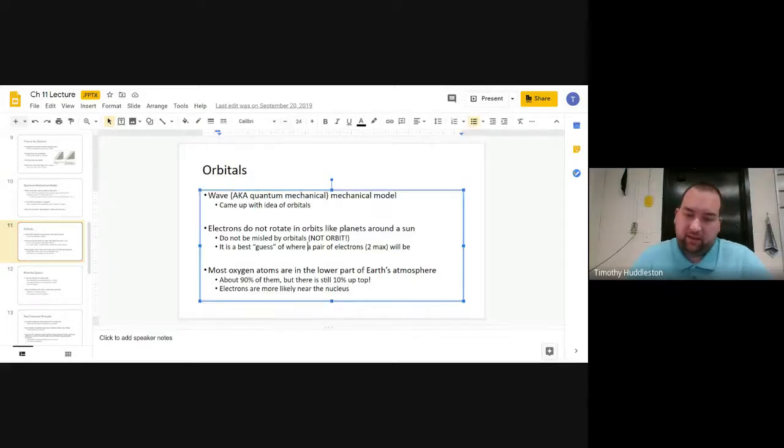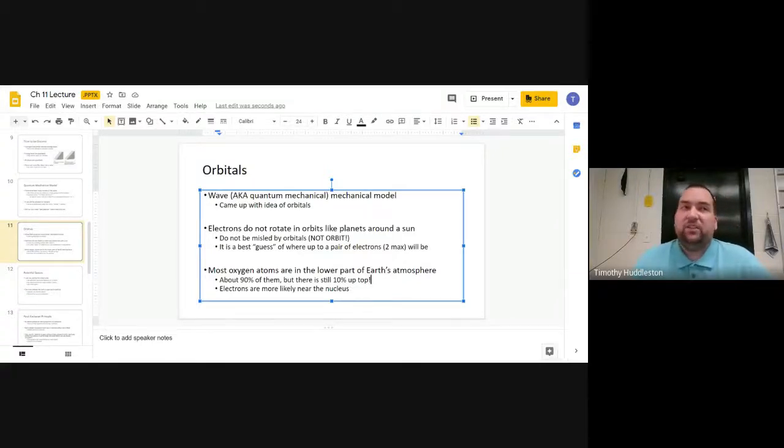I'm actually going to put that in there. Most oxygen atoms are, oh, by the way, notice it says there are 2 max, okay? What that means is that no single orbital can hold more than 2 electrons, okay? And then my example here is most oxygen atoms are in the lower part of Earth's atmosphere.